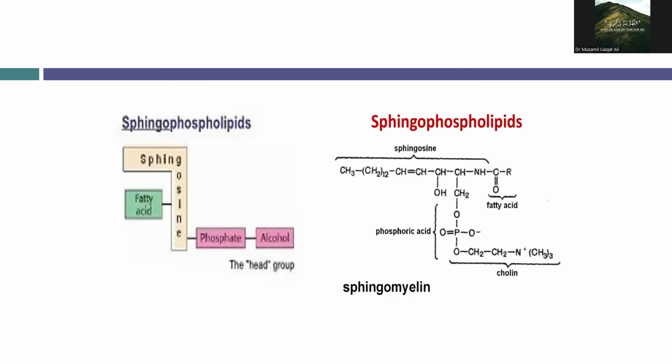As you can see on your screen, the structure of the sphingomyelin molecule. The backbone is provided by the sphingosine, one fatty acid, and the phosphatidyl alcohol, as in the case of phospholipids.